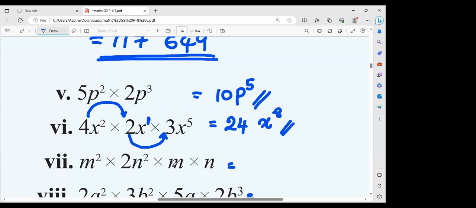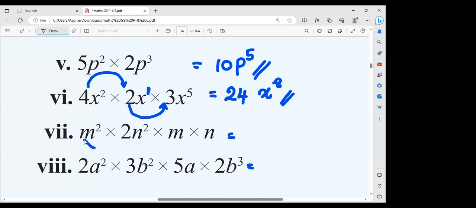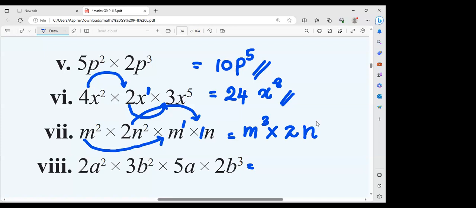Okay. Then 7. m to the power of 2 times m to the power of 1 times m to the power of 3. Here in the n it is 1. Coefficient is 1. Then 2 times 1, then 2 times n to the power of 3.